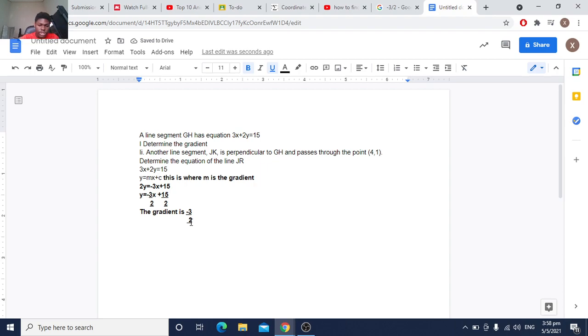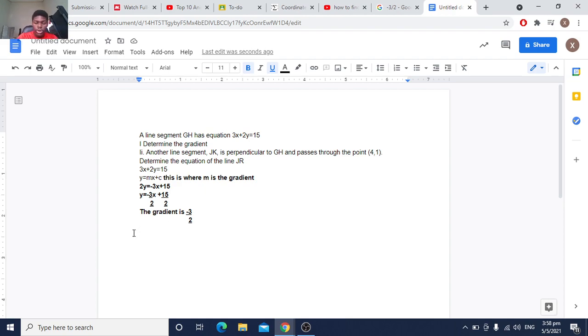The second question says, another line segment JK is perpendicular to GH and passes through the point (4, 1). Determine the equation of the line JK. So what we know about perpendicular lines is that when you multiply their gradients, they equal negative 1.